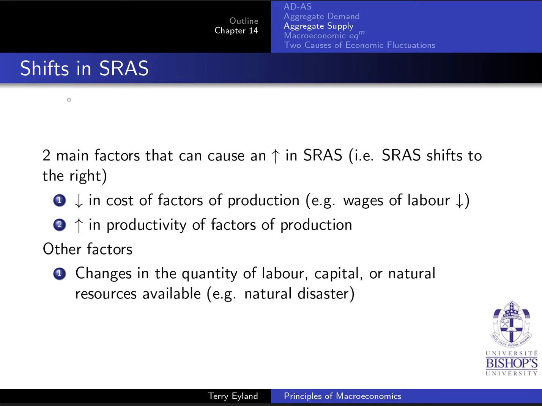What can shift the short-run aggregate supply curve? I said it's similar to the supply curve in microeconomics and the supply and demand framework. Changes in the cost of production or changes in productivity of the factors of production will shift the supply curve. But changes in productivity can also change the long-run aggregate supply curve. The one that we're really going to focus on is changes in cost of production.